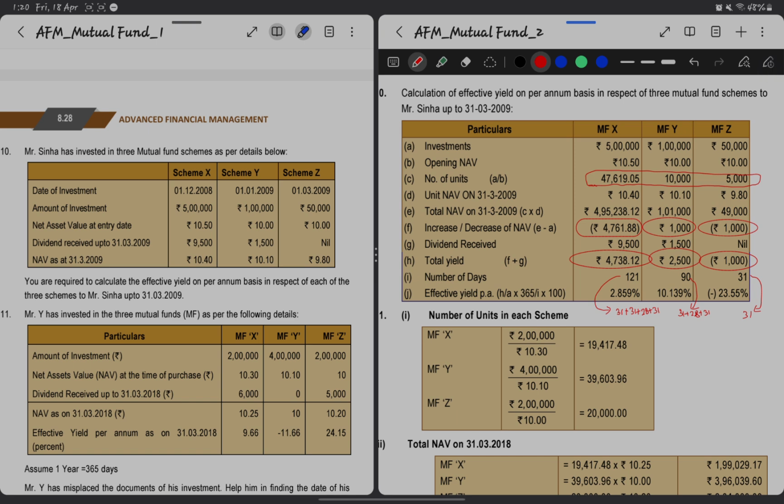Now whatever yield we found out is for the period of investment. In the first case, our period of investment from 1/12/2008 to 31/3/2009 is 121 days. In the second case, it is 90 days, and in the third case, it is 31 days.